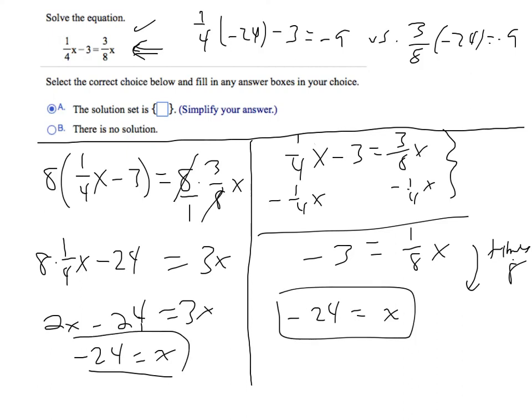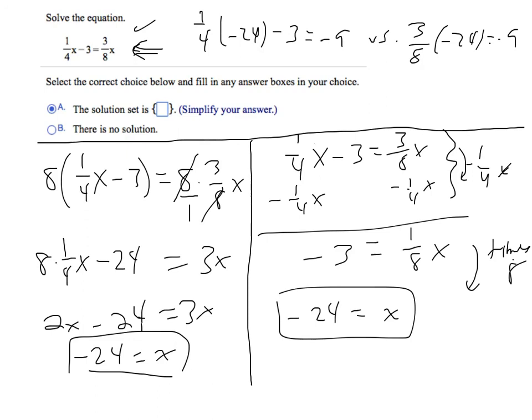So again, I end up in the same place, but I can get there using the conventional means of just moving x's to one side and non-x's to the other side. The problem with that is that I have to be able to do fraction addition and subtraction. Or I could just multiply both sides by the least common multiple of the denominators in the problem and get rid of the fractions all at once.